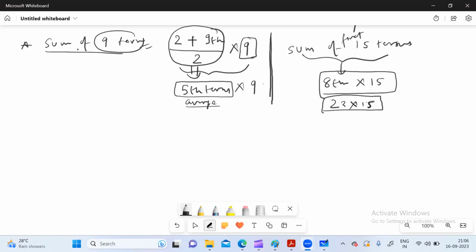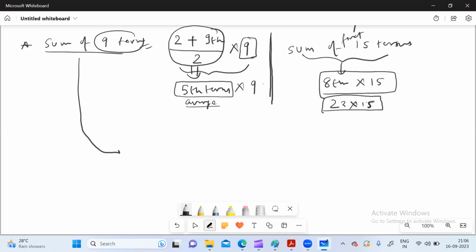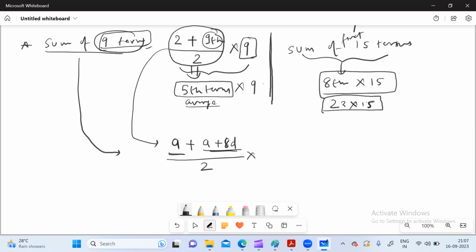So now I'll take the same example here. For the sum of the first nine terms, I took the first term, a, plus the ninth term, which is a plus 8d. This is the first term plus the ninth term, divided by 2, into 9.